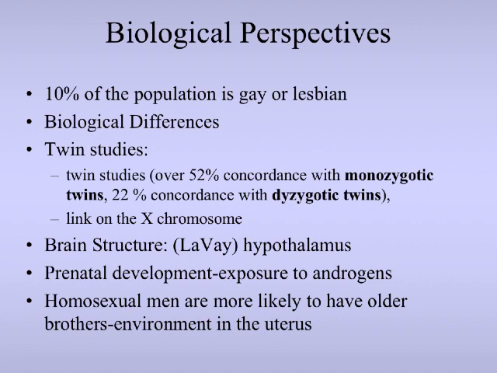So when she has her first son, she might not have any reaction. Her second son, she might not have any reaction. But by the third time, her body might start to produce an immune response to those hormones, an immune response that might interfere with the production of those hormones.